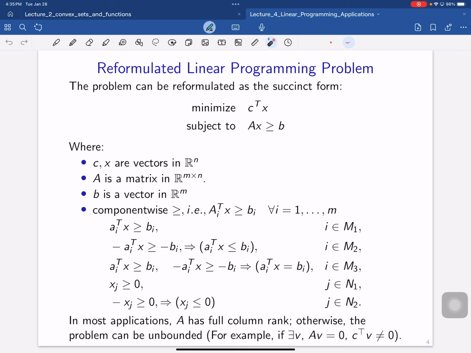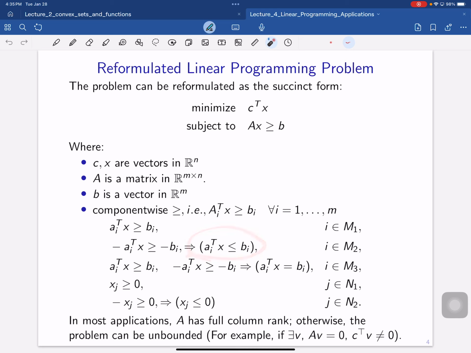Well, it is quite straightforward to transform the general formulation we talked about in the previous slide into this formulation. Okay, so let's talk about the first set of constraints, in M1. They are already greater than or equal to constraints, so you don't really need to make any changes, right? And for the constraints in the second set, initially they were less than or equal to constraints, right?